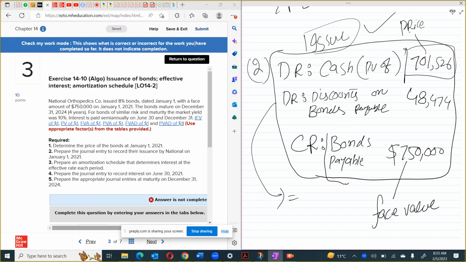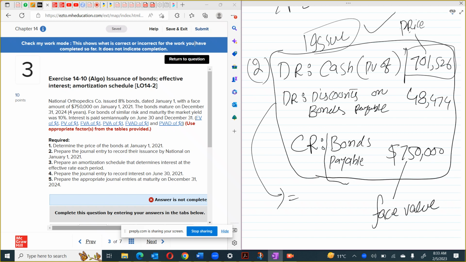So I will write the first amount. What amount will you write in cash? Present value, 735,533. I am writing it again and again just for your ease, because if I repeat it again and again, you will have memorized it.